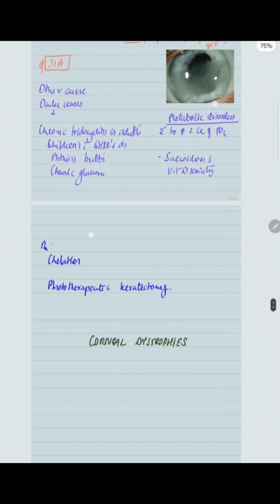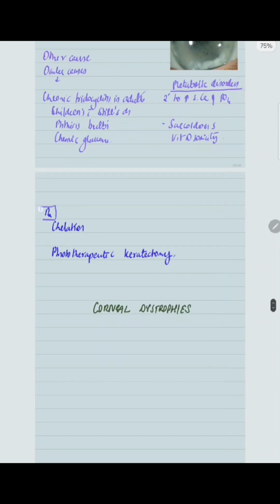These are the causes. Now coming to treatment, chelation can be done. The corneal epithelium is scraped under local anesthesia. Then ethylenediaminetetraacetate EDTA solution is applied. That is chelation. Next, phototherapeutic keratectomy can also be done.